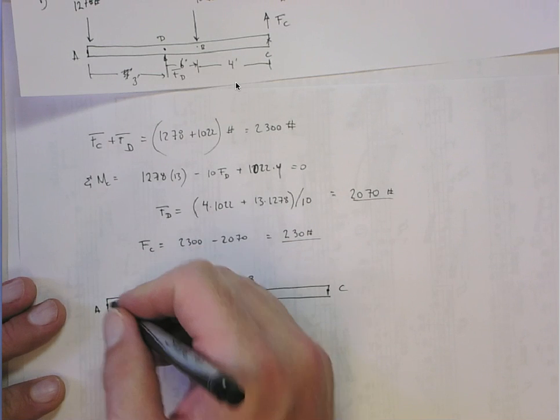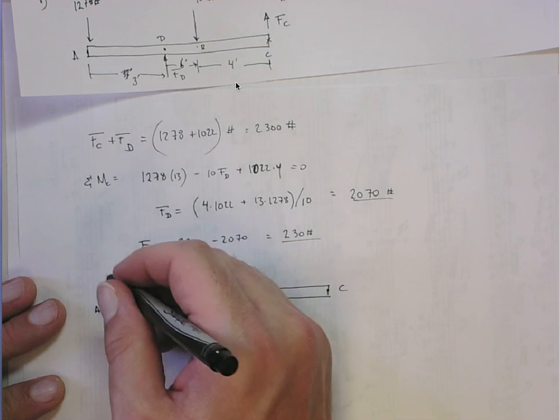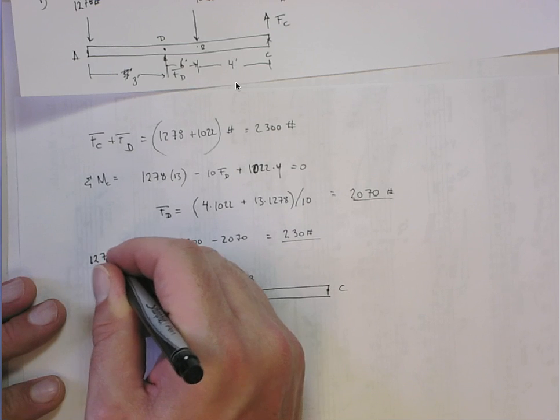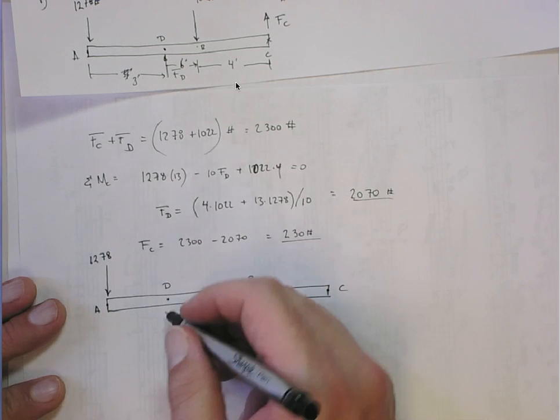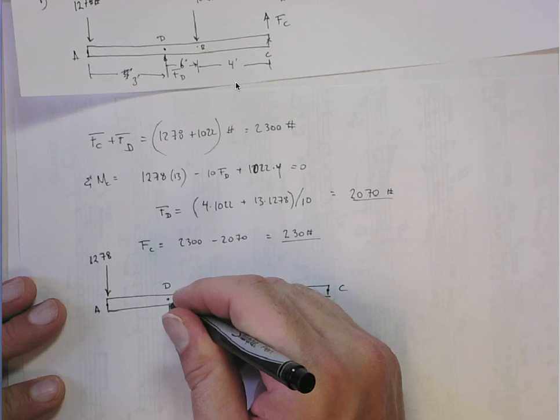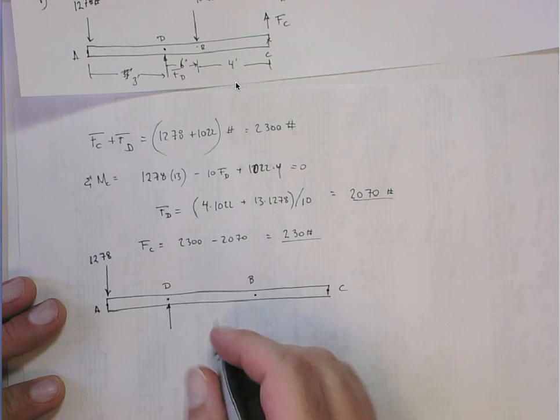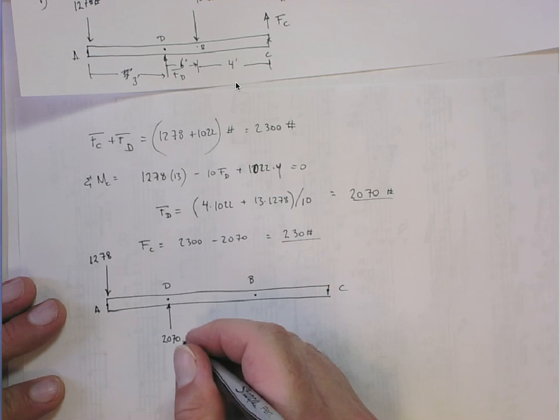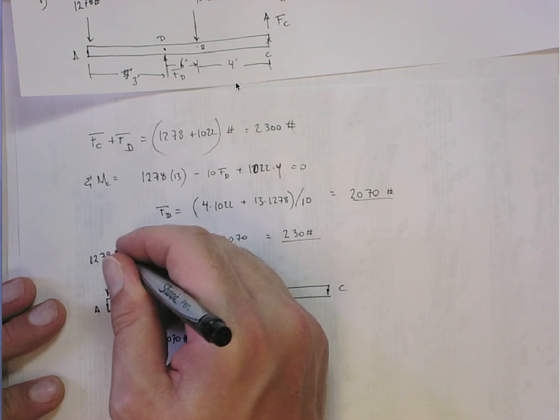And we have 1278 at A. We have upwards force at D of 2,070. These are all pounds.